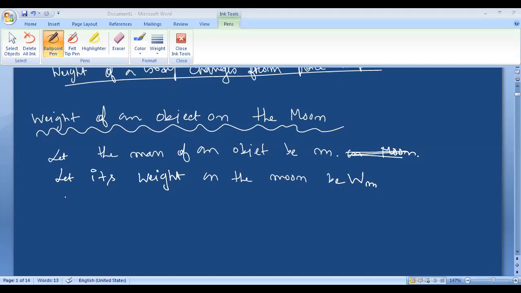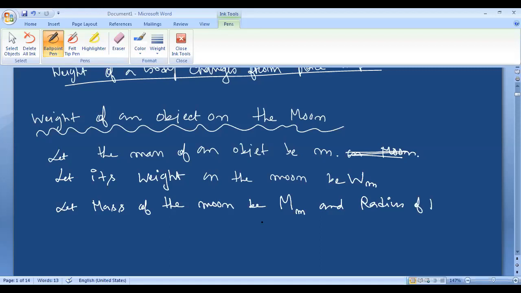Next, let the mass of the Moon be capital M, suffix small m, and the radius of the Moon be R suffix m.